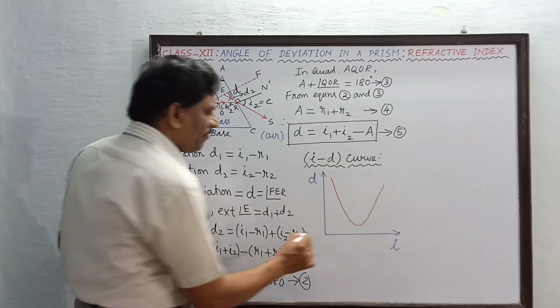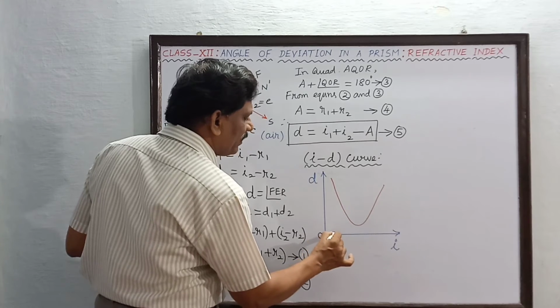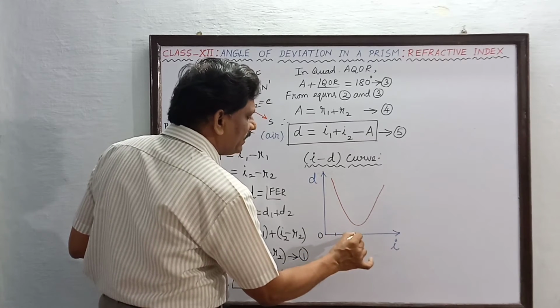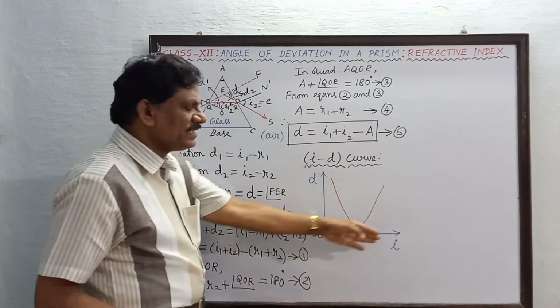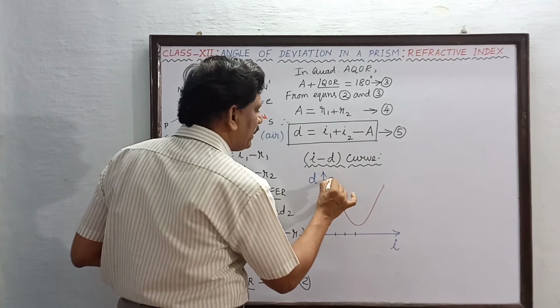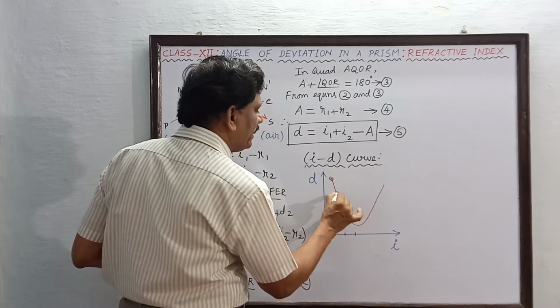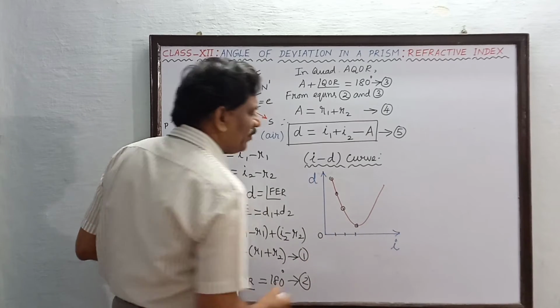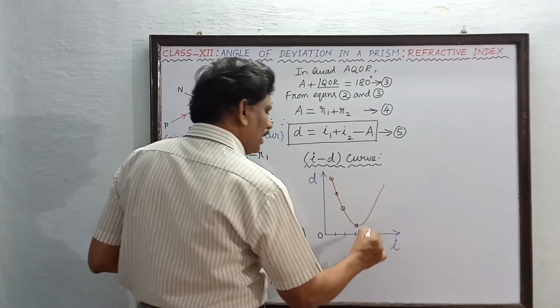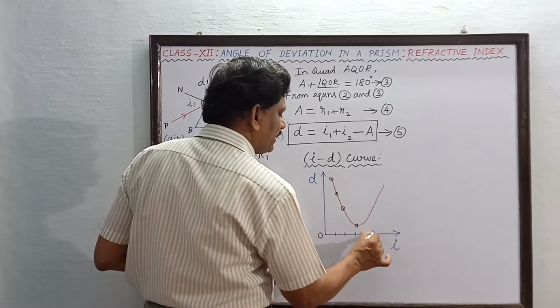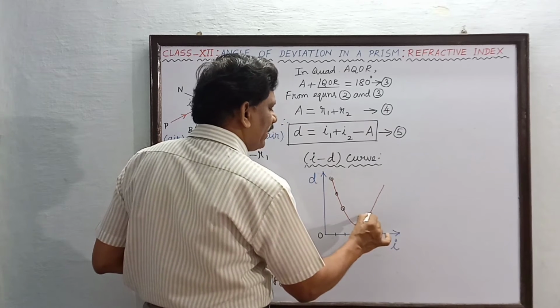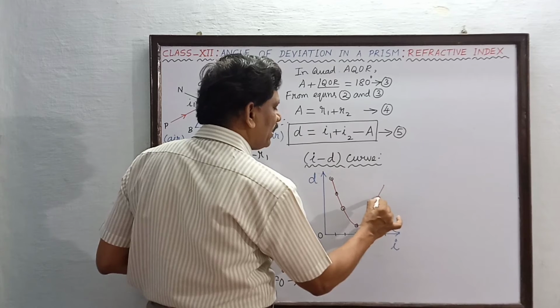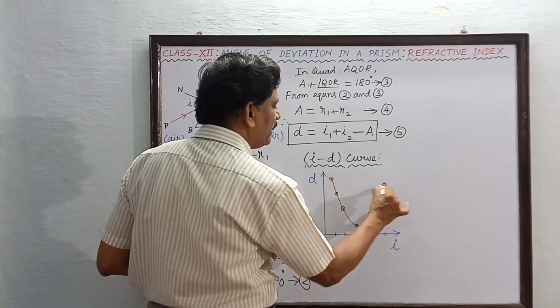So from this graph we find that initially when the angle of incidence is increased, you can see that the angle of deviation decreases. Then finally it reaches a minimum value, and then on further increase in the angle of incidence, we find that the angle of deviation increases again. Understand that?